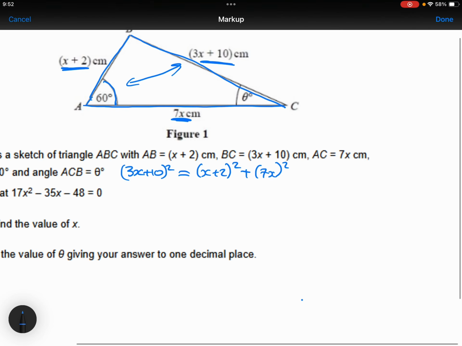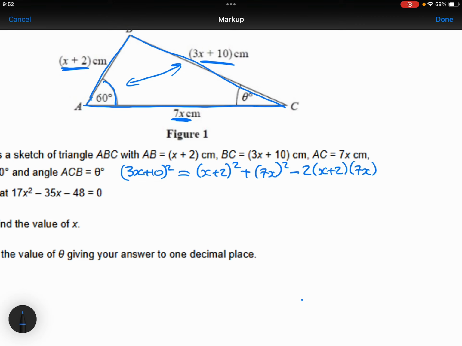So a squared equals b squared plus c squared minus 2 times b times c times cos of the angle in between them, cos 60. Right, expanding these brackets and simplifying all of this as much as possible. So we're going to have 9x squared plus 60x plus 100.